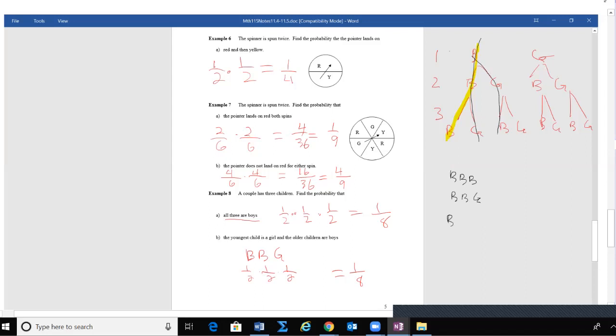I have boy, girl, boy. So this is how you can build your sample space from the tree diagram. So I continue, boy, girl, girl, girl, boy, boy, girl, boy, girl.